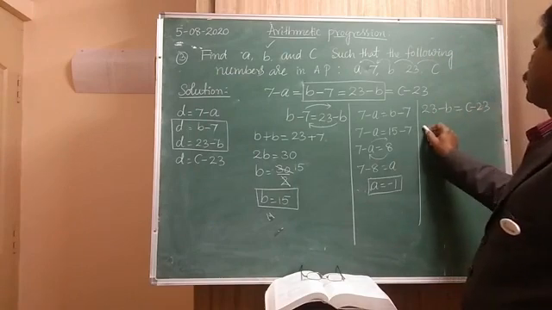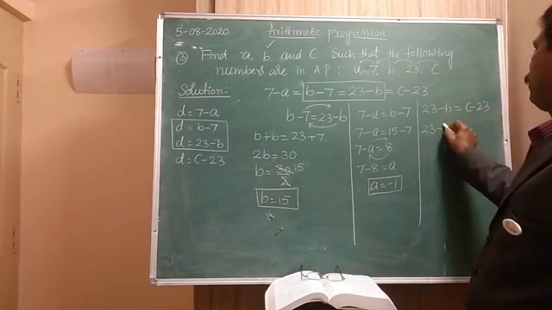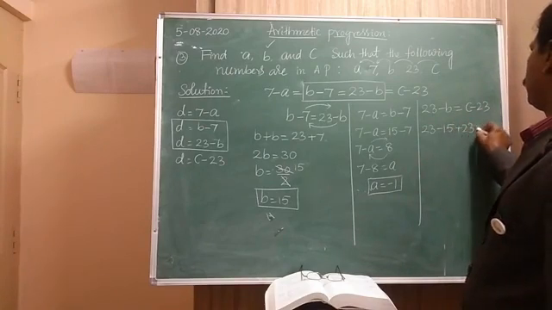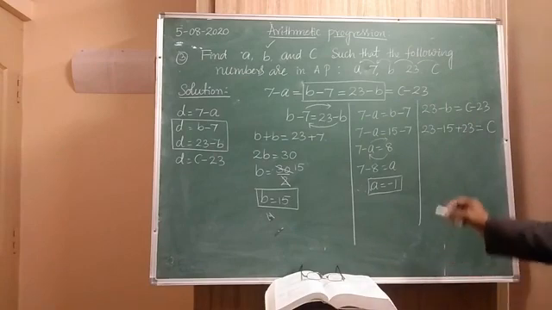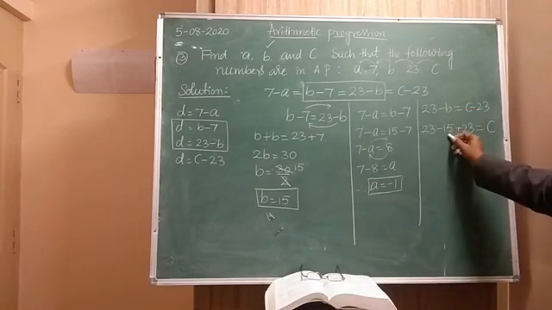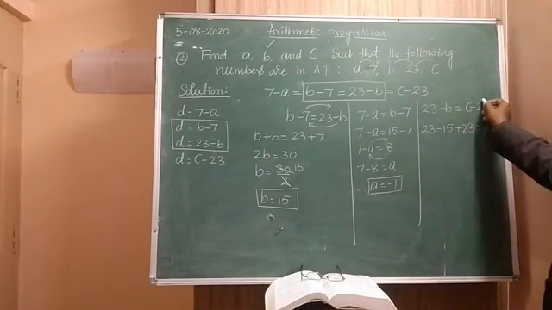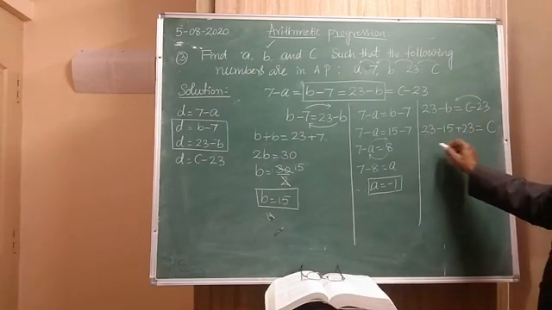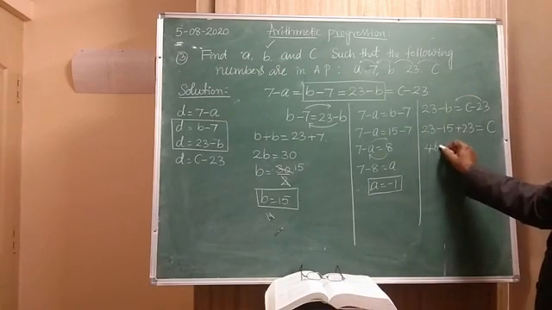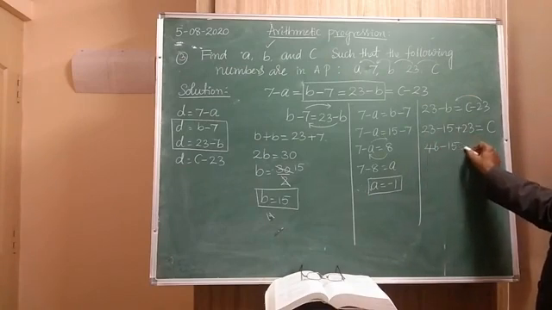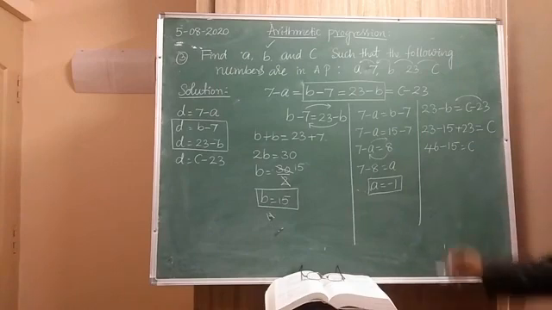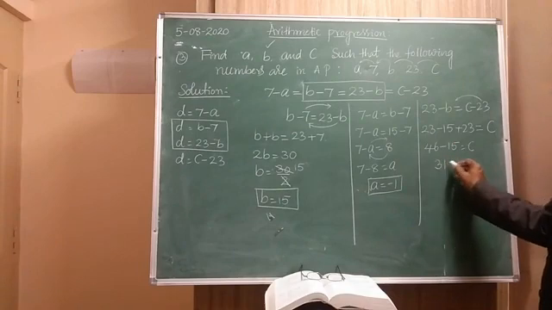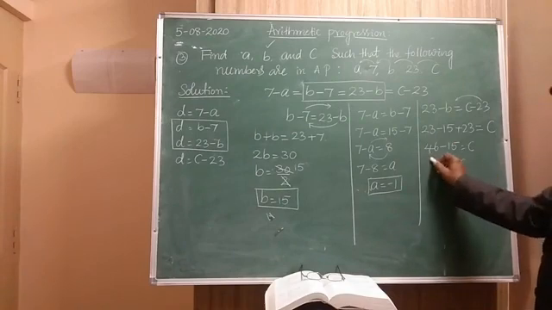Now shift this to this side: 23 minus 15 plus 23 is equal to C. See, I substituted the B value. 15 and minus 23 comes this side plus 23. 23 plus 23 is 46, minus 15 is equal to C. Now 6 minus 5 is 1, 4 minus 1 is 3. So C value is 31.